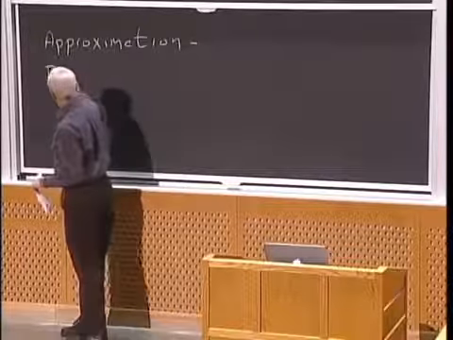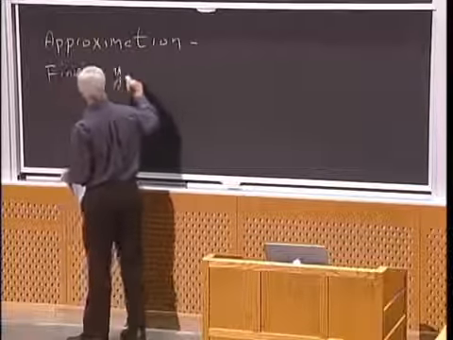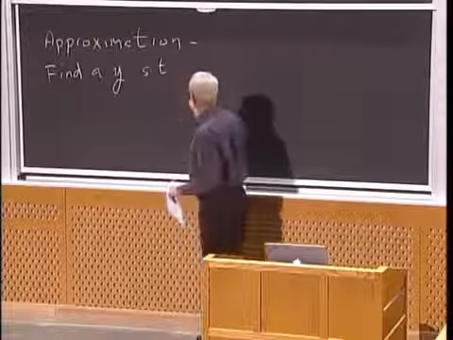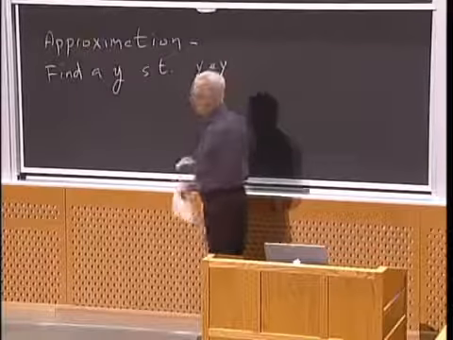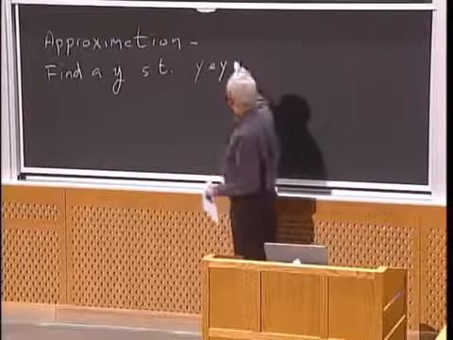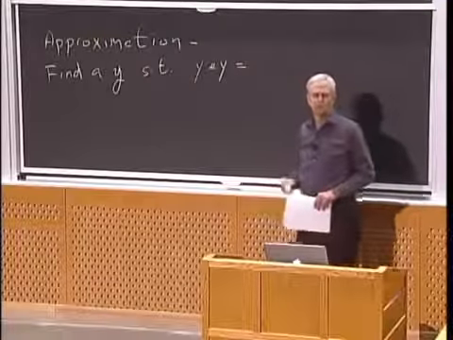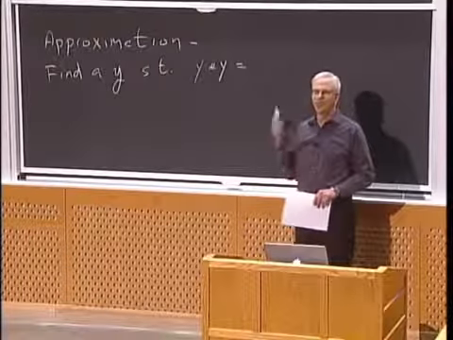So find a y such that y times y is equal to what? What does it mean? How would I express it within epsilon of the perfect answer?